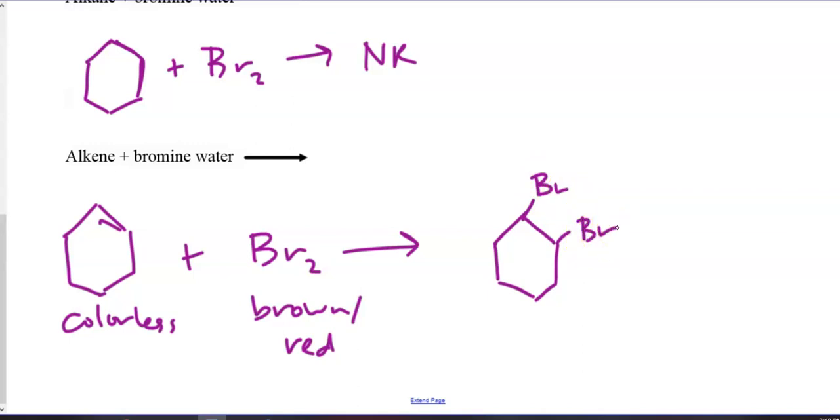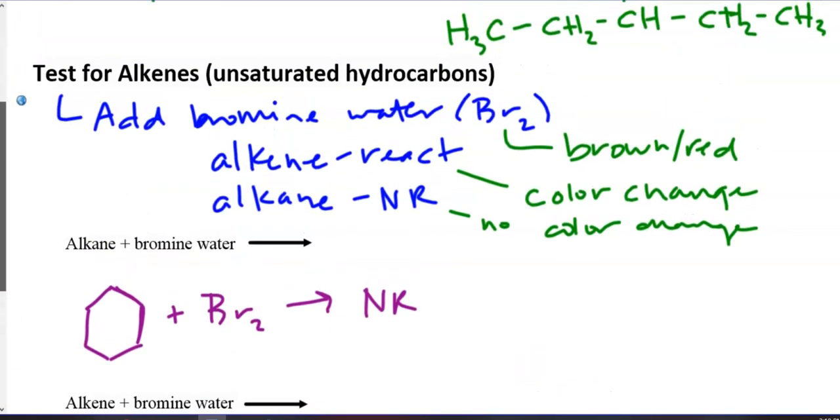This is going to be what they say is decolorized. It's not necessarily going to go colorless, but it will not be this brown red. I will show you a video of this so you can see what this looks like. So this is a test to see if something has a double bond or just single bonds, by adding bromine water. And that is addition reactions for alkenes and alkynes.